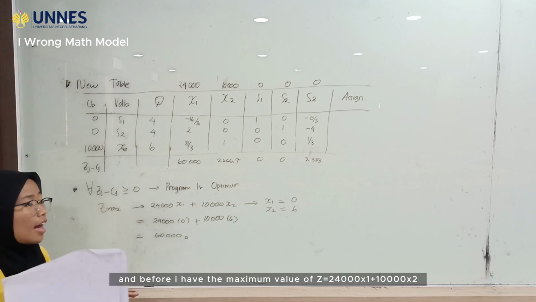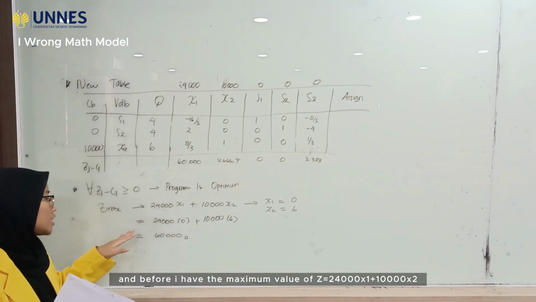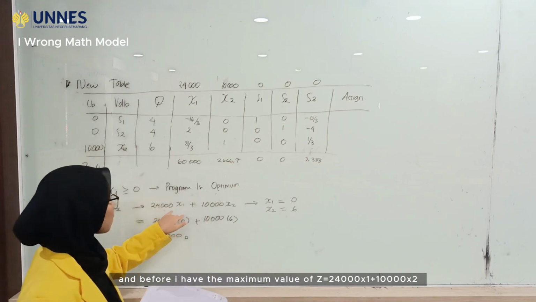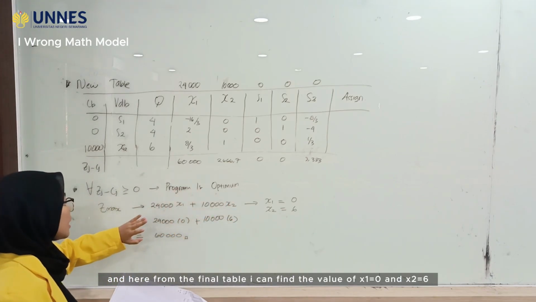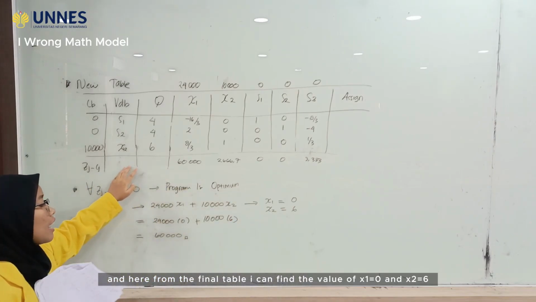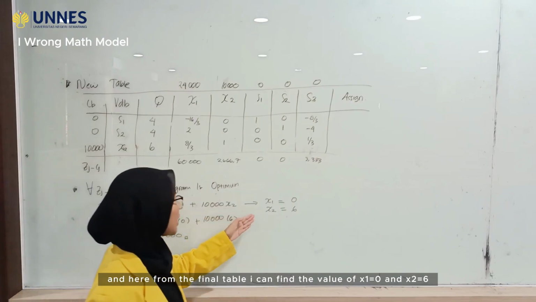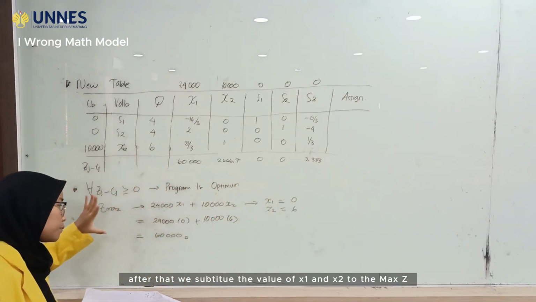And before, I have the maximum value of Z, which is 24,000 x1 plus 10,000 x2. And here from the final table, I can find the value of x1 equal to 0 and x2 equal to 6.